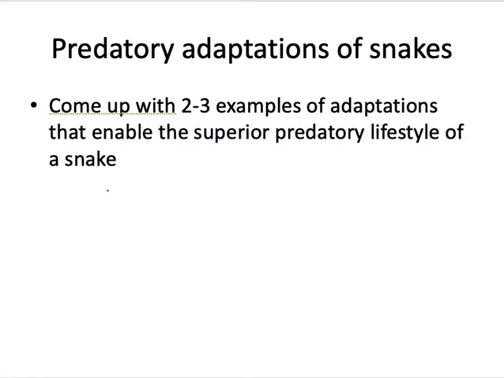Instead of asking you all over video to come up with these examples, we'll just list them right here in this space. So we have chemical sensors. Snakes can sense chemicals rather than just smells. And they also have heat detecting organs, which will let them know if a warm-blooded animal, or an endotherm, is nearby.